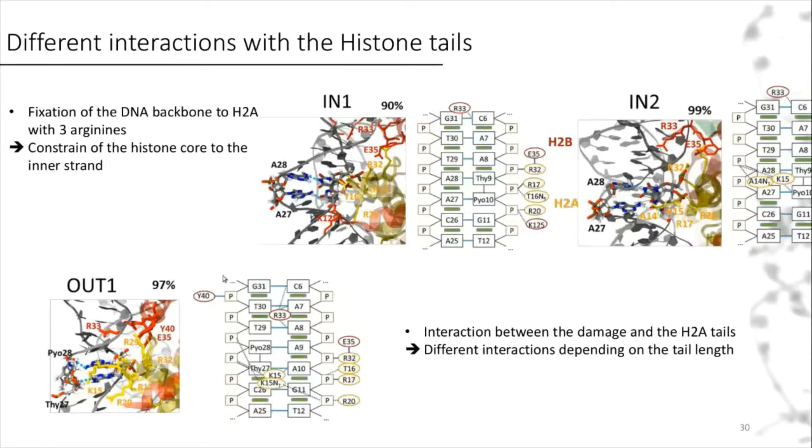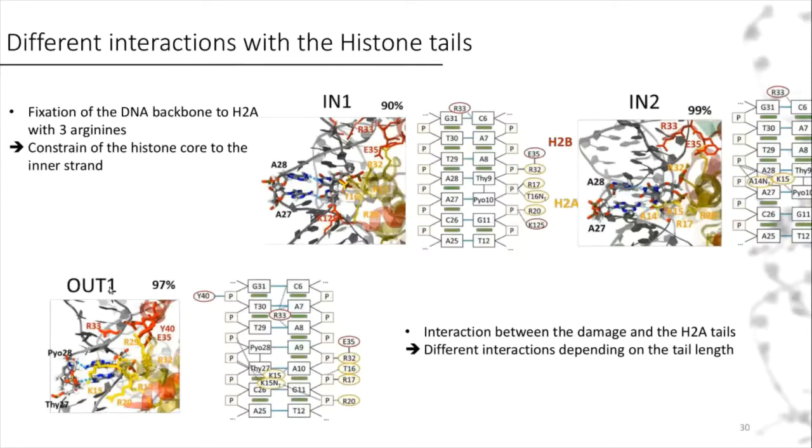And then you have other interactions that depend on the length of the tails, because the tails are not complete. For example, you have the N-terminal on threonine 16, here on alanine 14, and here on lysine 15. When you have the lysine 15 on the N-terminal here, you can interact with the outer part of the DNA, with the phosphate, and again with lysine 15 here for the first position of OUT1.